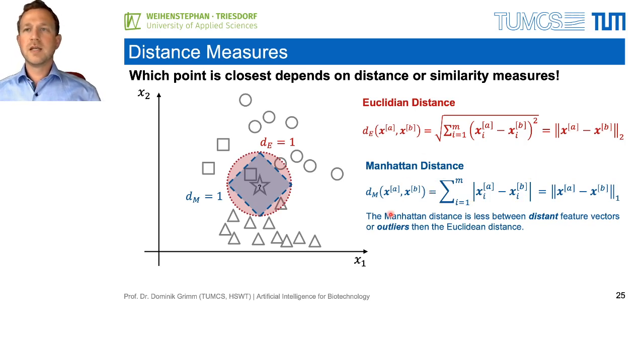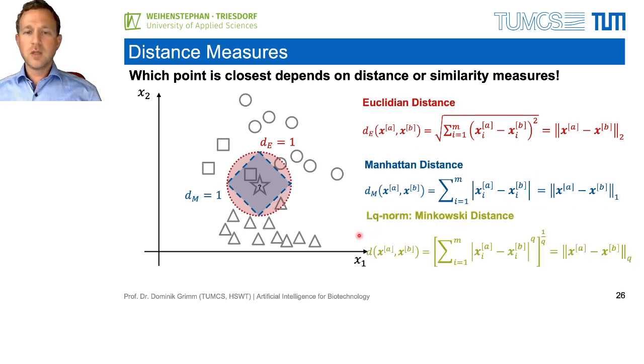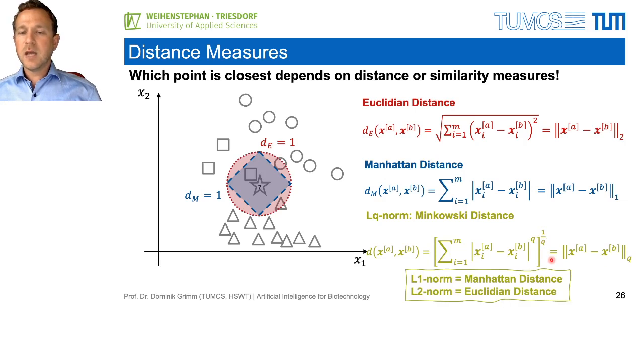These 2 distances can also be generalized. That's the so-called Lq norm, also called the Minkowski distance. It has the following formula, where we take the differences to the power of q, and the full sum to the power of 1 divided by q. Then we have these 2 special forms. If we set q to 1, we have the Manhattan distance, also called the L1 norm.